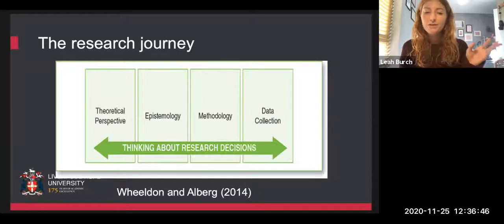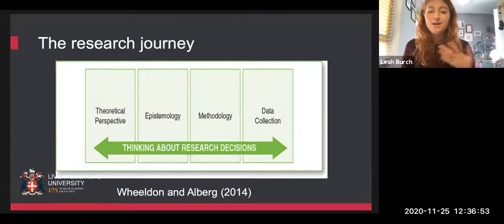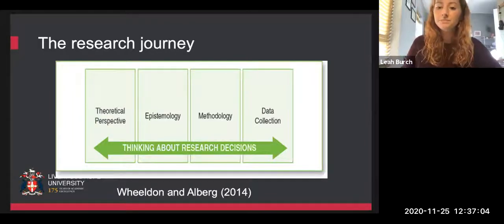So the epistemology, methodology, the tongue twisters, the long words, we're going to break them down and really try and develop your understanding of them and get you feeling comfortable in being able to think about them quite critically.